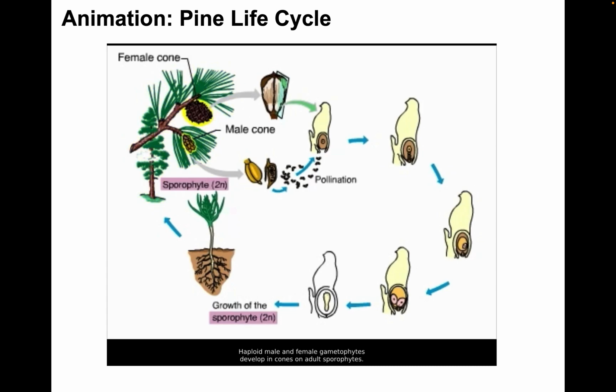Haploid male and female gametophytes develop in cones on adult sporophytes. Gametophytes produce eggs and sperm. Pollination brings gametophytes together, and an egg is fertilized. The fertilized egg develops into an embryo, protected and nourished within a seed. The seed germinates and grows into an adult sporophyte, completing the pine life cycle.